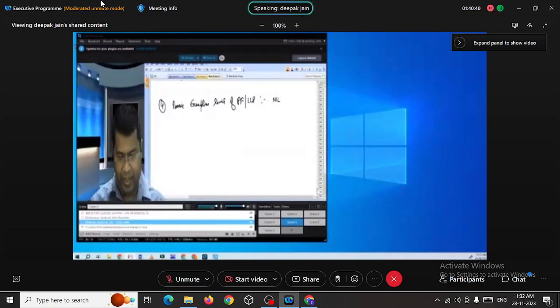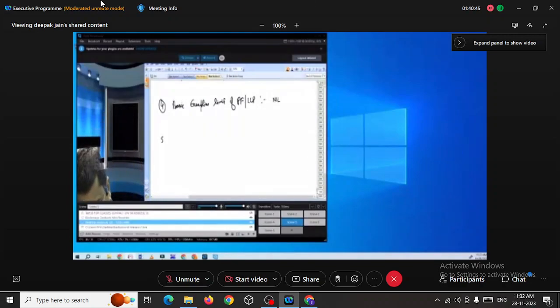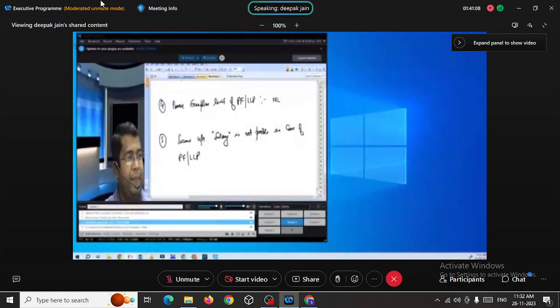Next, beta, income under the head salary is not possible in case of partnership firm or LLP.